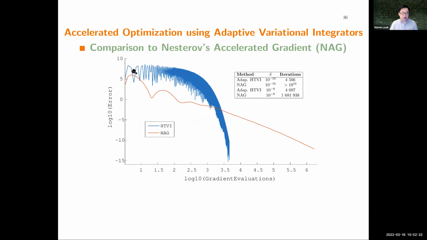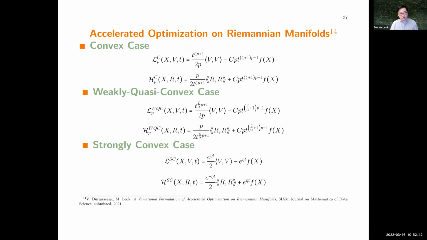Okay, so you can compare this to Nesterov's accelerated gradient method, and you'll see that again this converges faster than Nesterov. All right, so you can extend this to Riemannian manifolds as well. You can do this for the convex case, the weakly quasi-convex case, and the strongly convex case. So these are the expressions for both the analog of the Bregman Lagrangians and Bregman Hamiltonians.